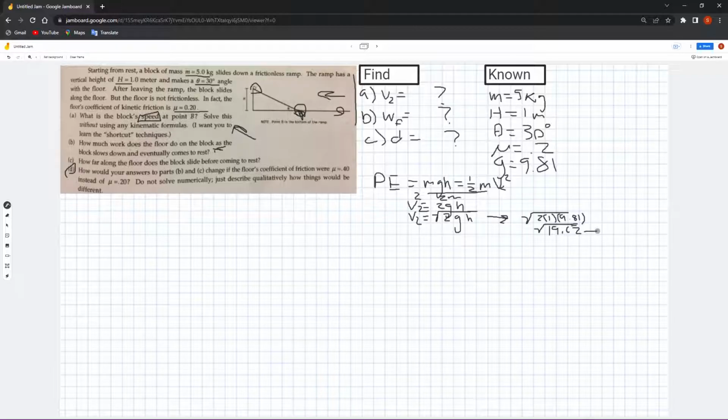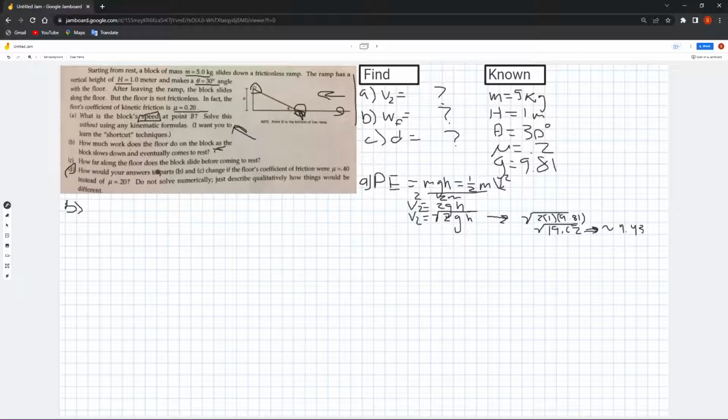And with that, we can roughly guesstimate that is approximately 4.43. Okay, so this was all part of A. We can square that off, and we can go over here and look at B quickly.